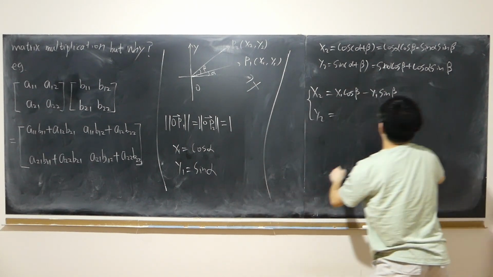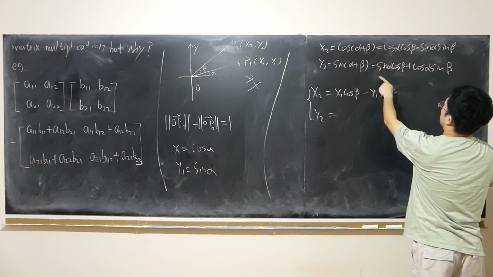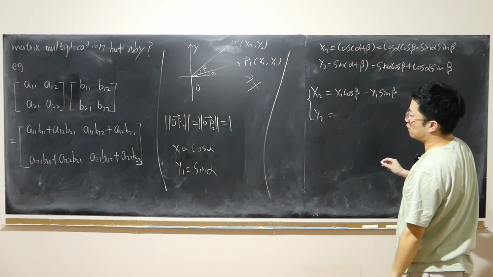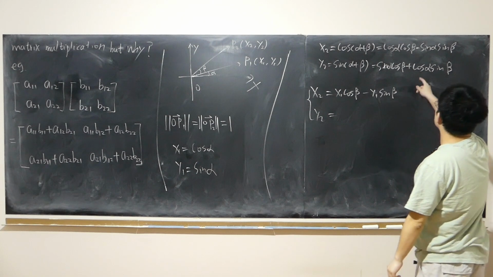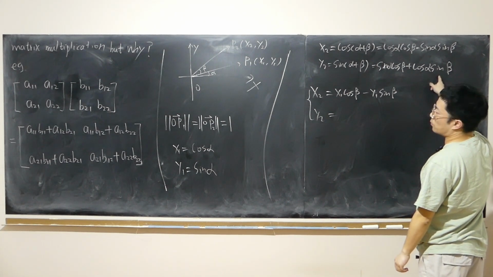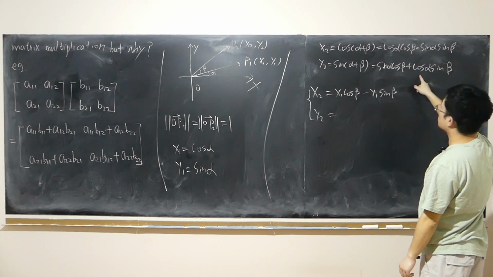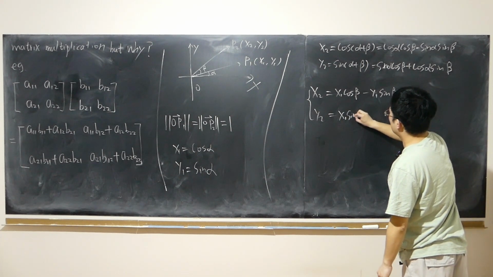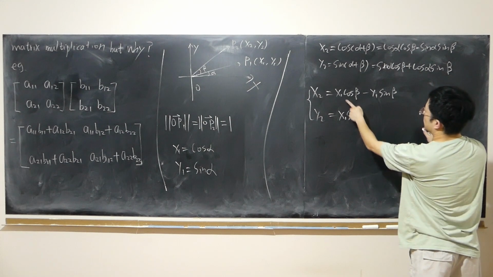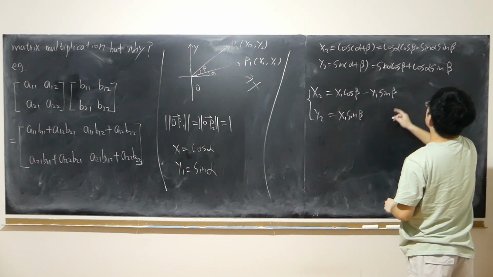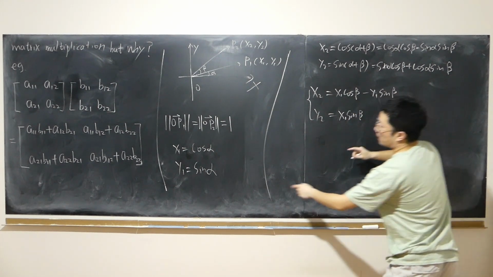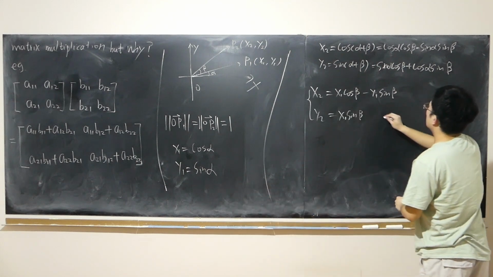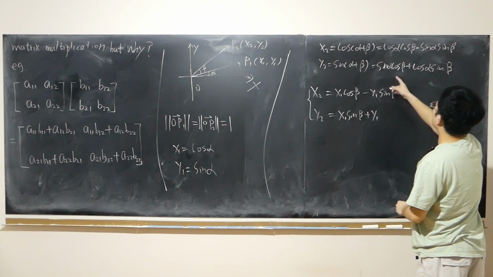Sine alpha is y1, and cosine alpha is x1, so x1 times sine beta. So it's consistent: x1, and we have sine alpha cosine beta, sine alpha is y1, so y1 cosine beta.